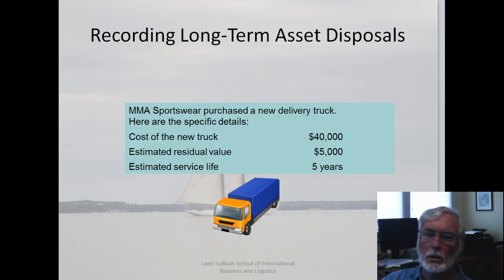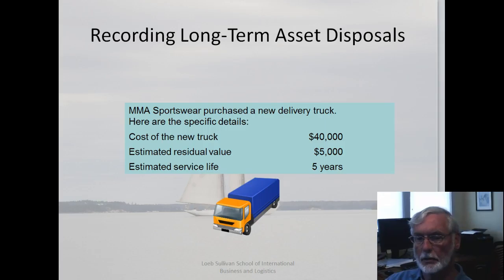So if you remember, we talked about estimating residual value and estimating service life. Said that these are estimates, and when we estimate things, we're often not 100% accurate. We try to be as accurate as possible, but we don't always hit it on the nose. Sometimes a truck might last longer than we think or less than we think, and therefore our estimates may not be accurate.